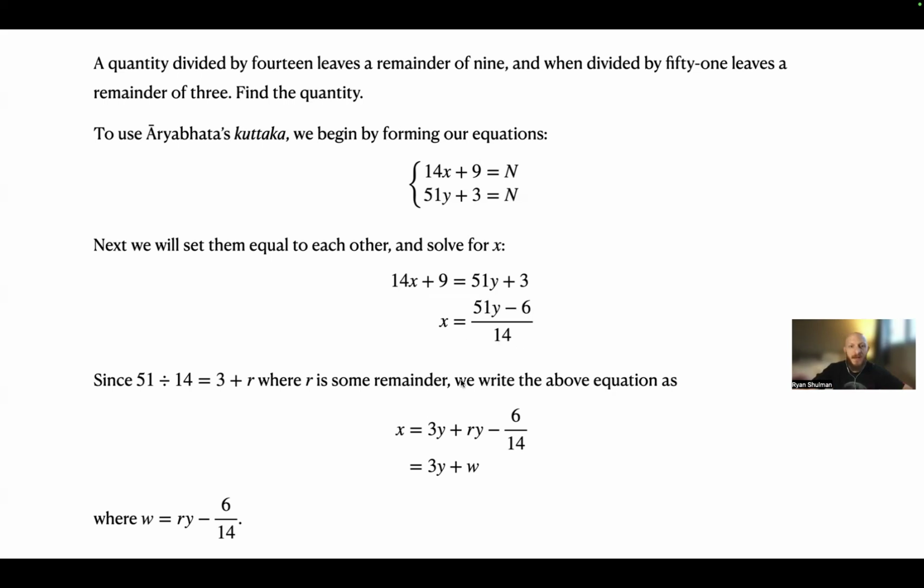So we could rewrite this expression of x as x equals 3y plus ry, where remember r is the remainder, minus 6 over 14. And then again, removing this remainder would technically be a fraction. So removing the fractions, I just combine the ry minus 6 over 14 into w. So now I have the expression x equals 3y plus w.